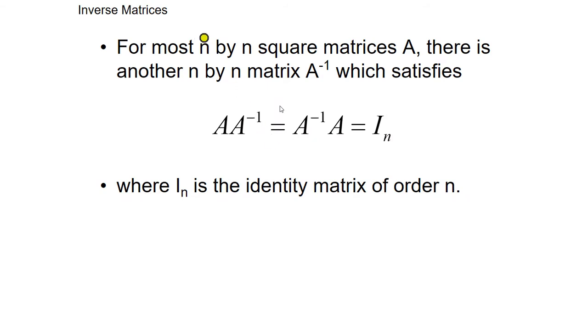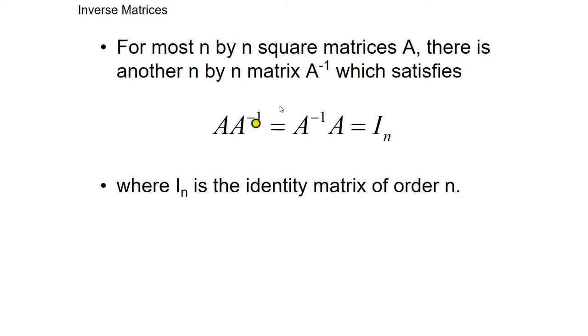If we have a matrix with n rows and n columns, that is a square matrix, if we have such a matrix A, it turns out that normally we can find another matrix which we'll call A inverse, or A to the power minus 1, which satisfies that A multiplied by A inverse is the same as A inverse multiplied by A, and specifically that those two products equal the identity matrix of order n.